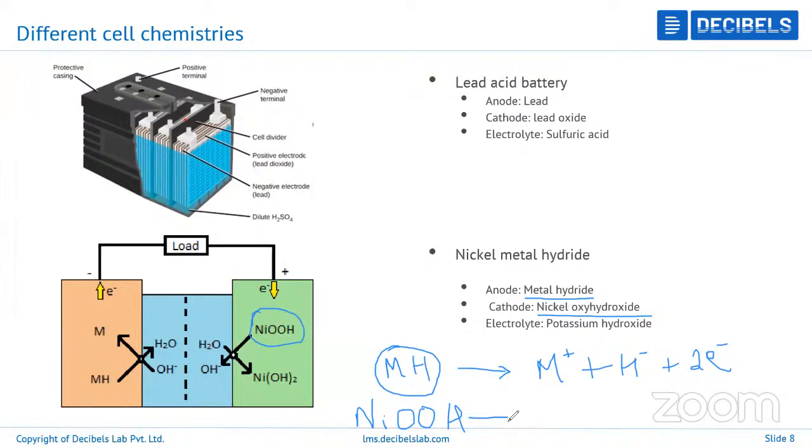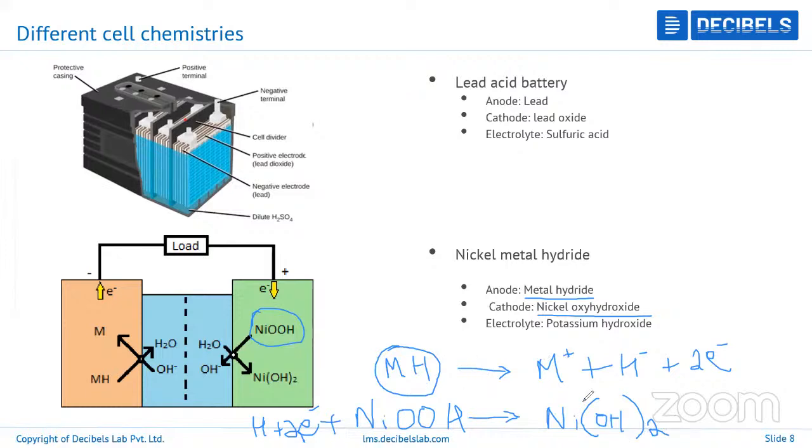This will undergo reduction. So what will happen? This hydride ion will go and combine with this, and also the electrons will combine with this. So you will be left with nickel dihydroxide. This is the reduction reaction occurring: hydrogen plus 2 electrons will combine, and then finally it will form nickel dihydroxide.